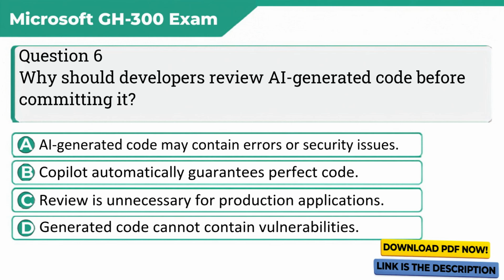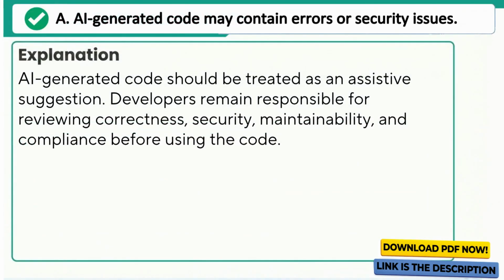D. Generated code cannot contain vulnerabilities. Correct answer, A. AI-generated code may contain errors or security issues. Explanation. AI-generated code should be treated as an assistive suggestion. Developers remain responsible for reviewing correctness, security, maintainability, and compliance before using the code.